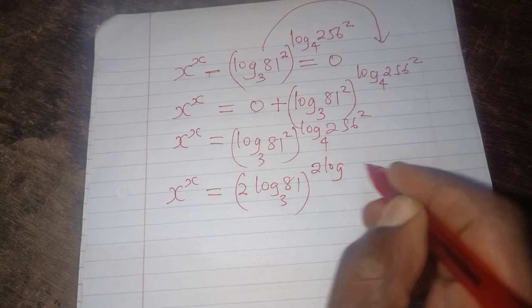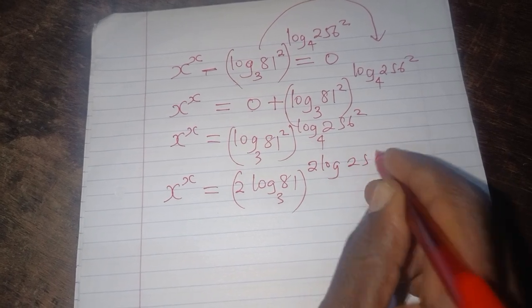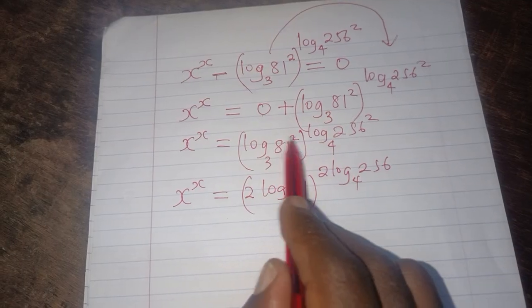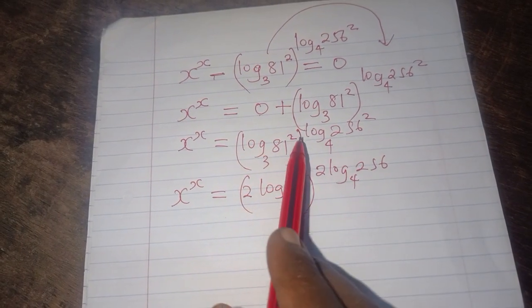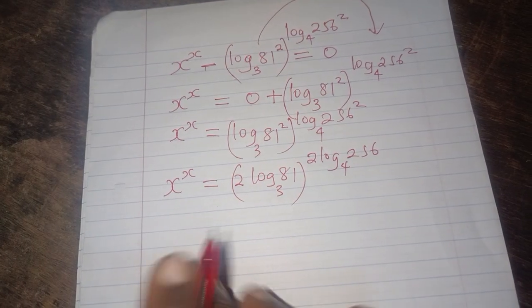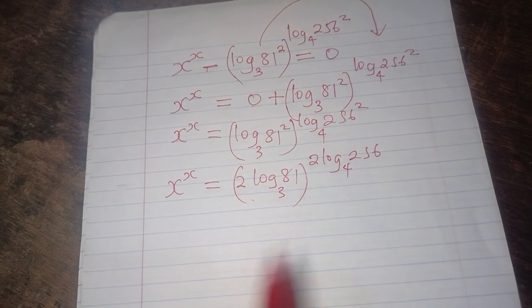2 log 256 to base 4. I'm just dropping these powers to the other end, so that the powers that have been given here can become the coefficient of these logs, both the base and the power.